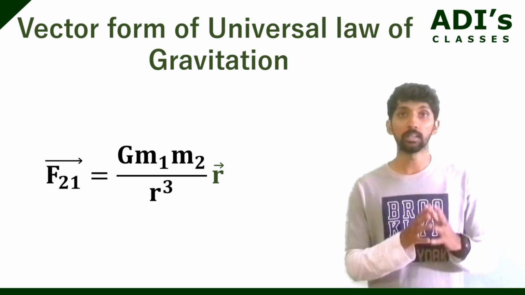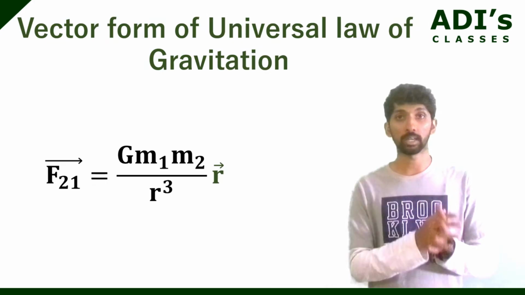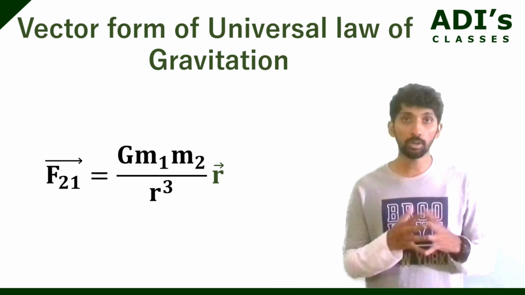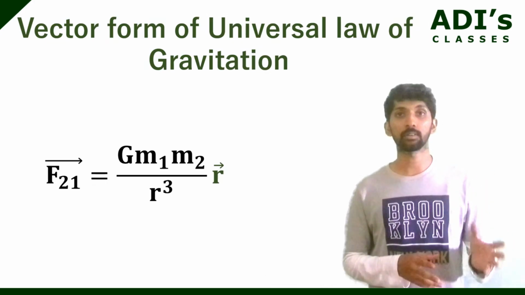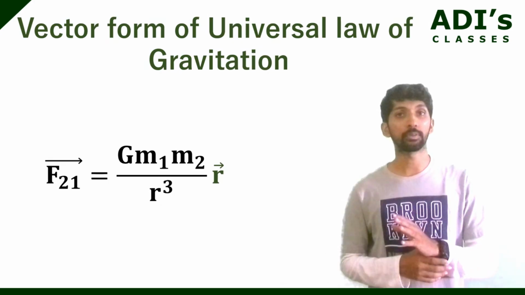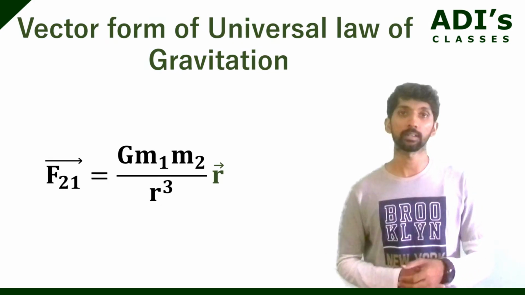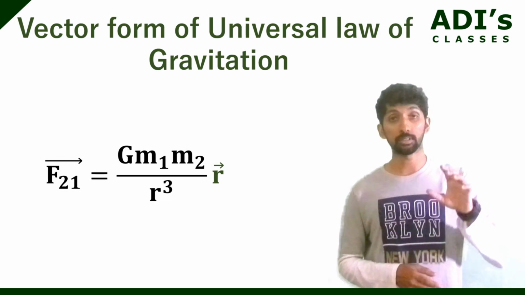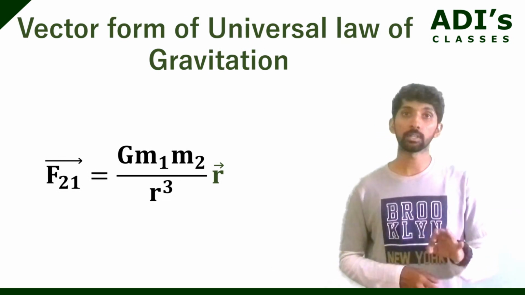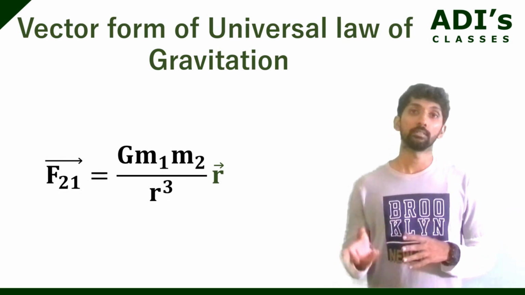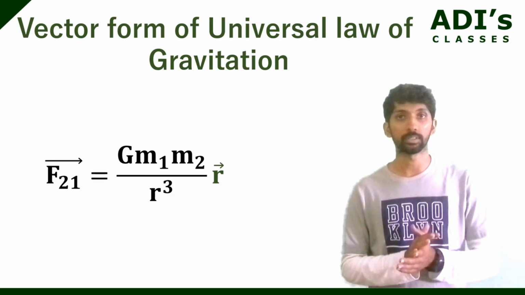Fine. So this is the vector form of the gravitational law, which is F equal to G m1 m2 by r cube into vector r. This also confirms Newton's third law of motion, that is, forces are equal and opposite to each other.